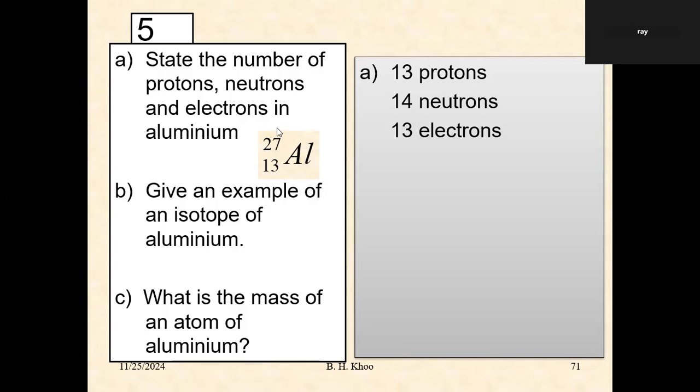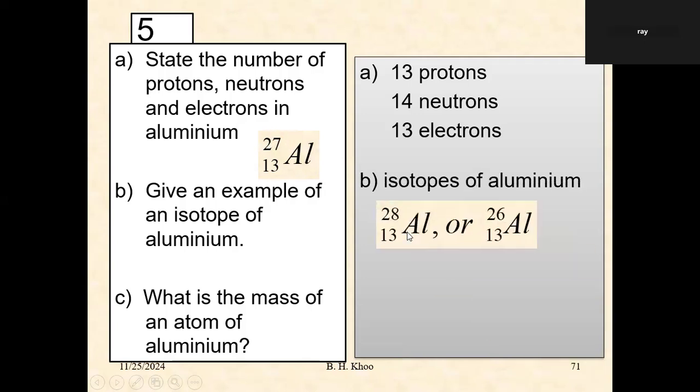An isotope must have the same 13, only the top number is changed. So it can be any number there, as long as it has 13: it can be 28, 13 or 26, 13.